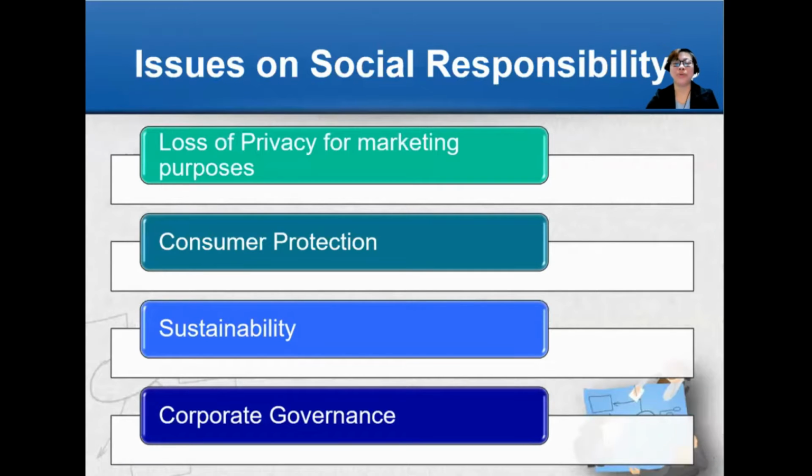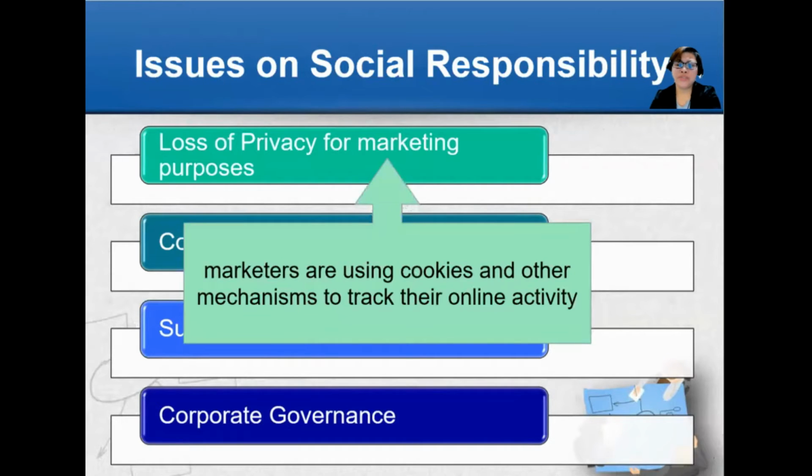Okay, so issues on social responsibilities. We have loss of privacy for marketing. Okay, so loss of privacy for marketing purposes. So many consumers are shocked when they realize marketers are using cookies and other mechanisms to track their online activity.